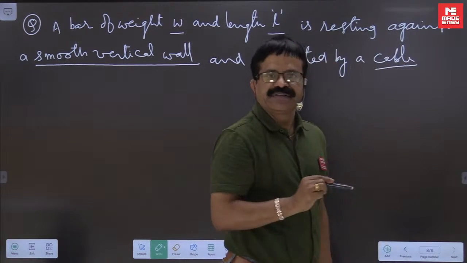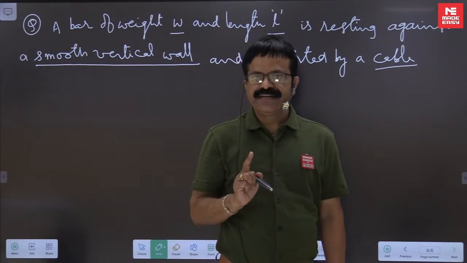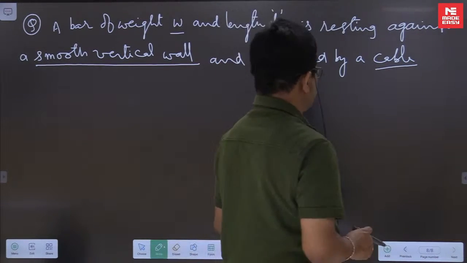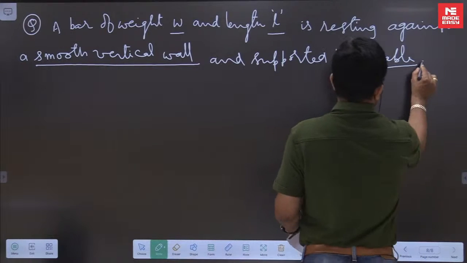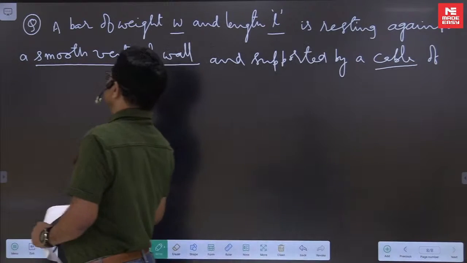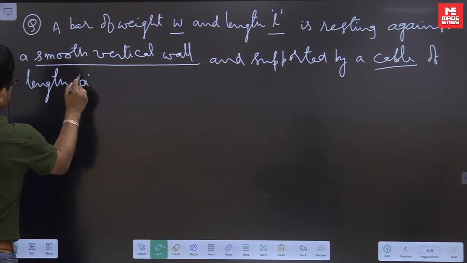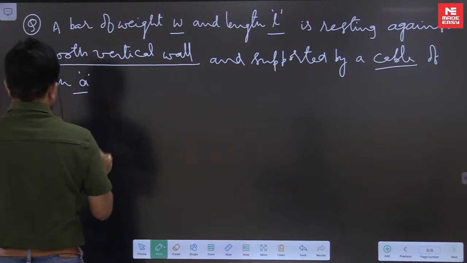Once you see the cable, then your task is simplified: how to keep two forces in equilibrium, how to keep three forces in equilibrium. By a cable of length A as shown in figure.